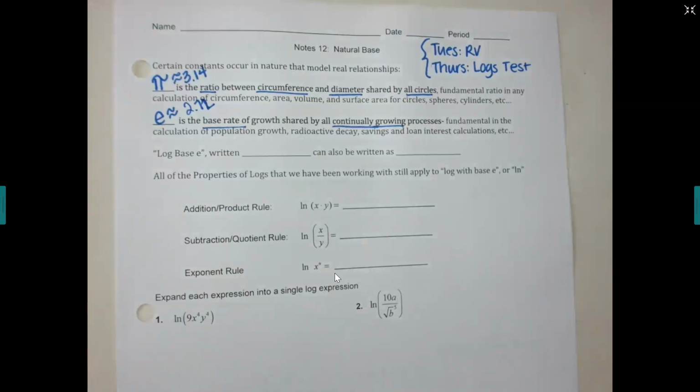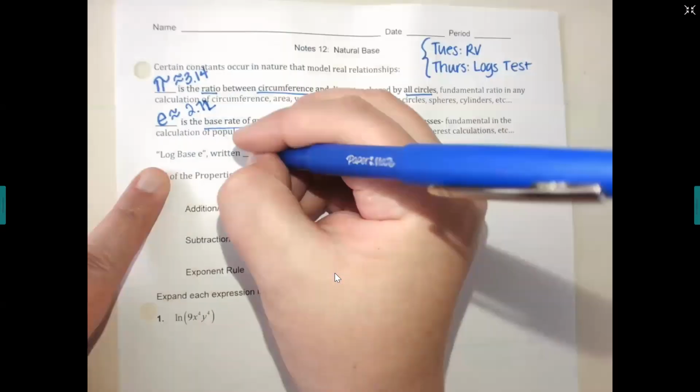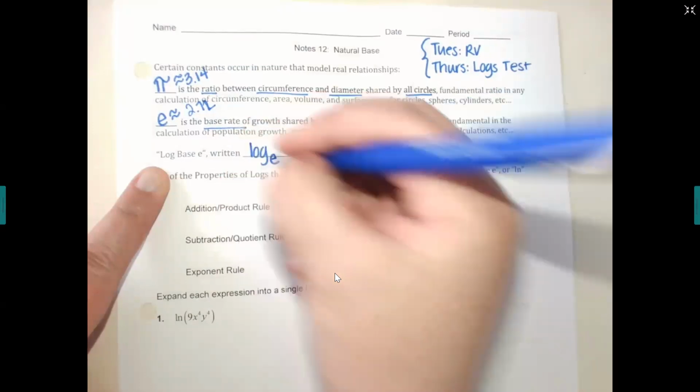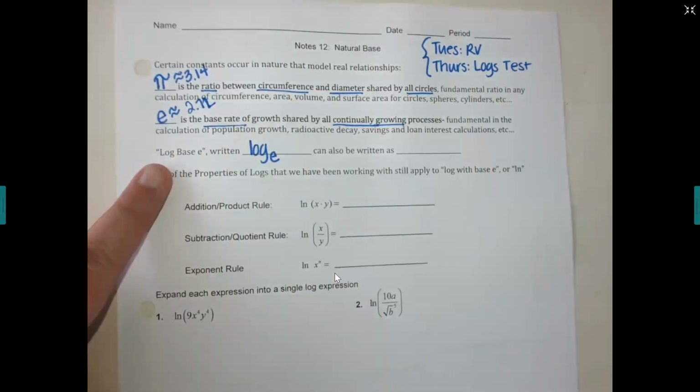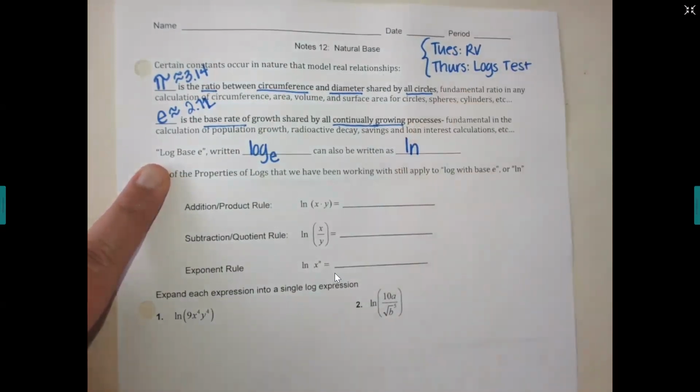E, because it's a special base for exponentials, is also a special base for logs, because remember, logs and exponentials are inverses to each other. So log base E would be written log little e. And because it's so important for logs, you actually have a special button on your calculator for it, ln.